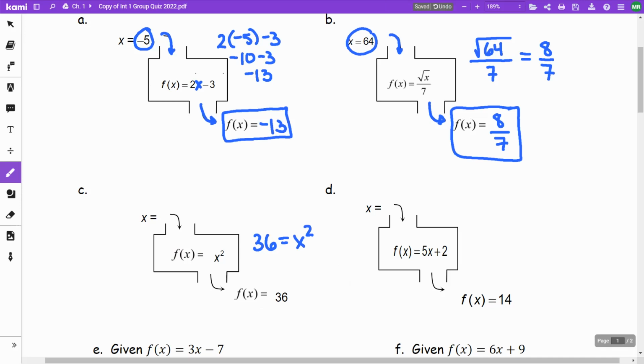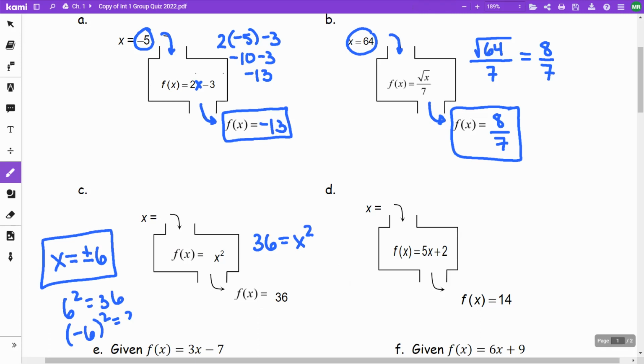Now, the answer to this is actually going to be 2 answers. You could have done a positive 6 or you could have done a -6. We actually get 2 answers because 6 squared is 36 and -6 squared is also 36. So we could have gotten both of those to go in here and get out a 36.